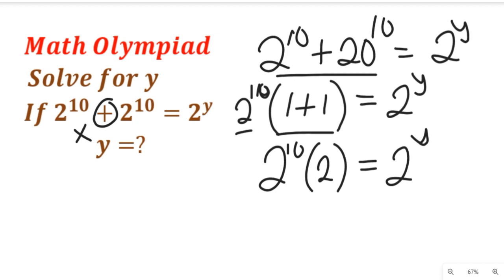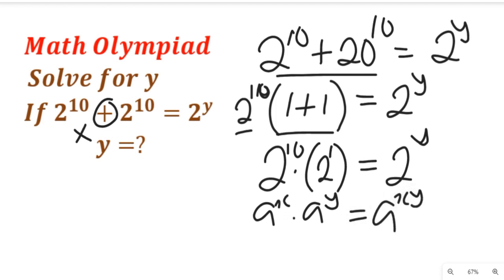So what I'll simply do is this is 2 to the power of 1, and remember this is multiplying. Now remember the law of indices that if we have a to the power of x multiplied by a to the power of y, it will be equal to a to the power of x plus y. So let's bring that together.